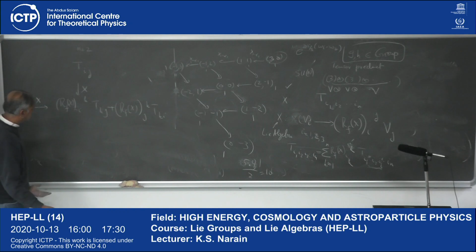Now let's look at T_ji. Suppose I exchange the indices, J I, and ask how it is going to transform.